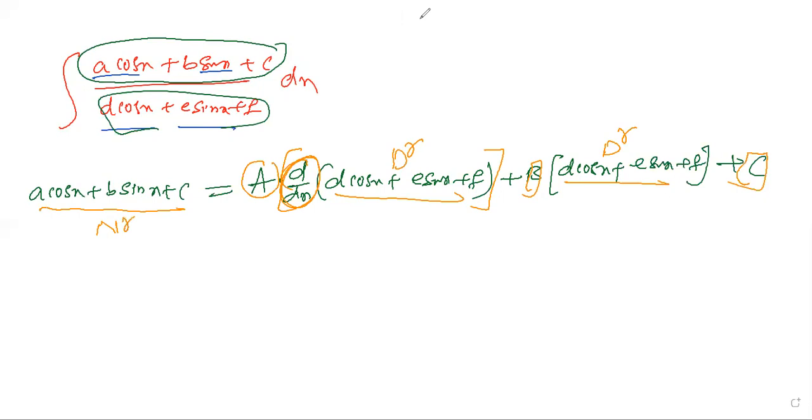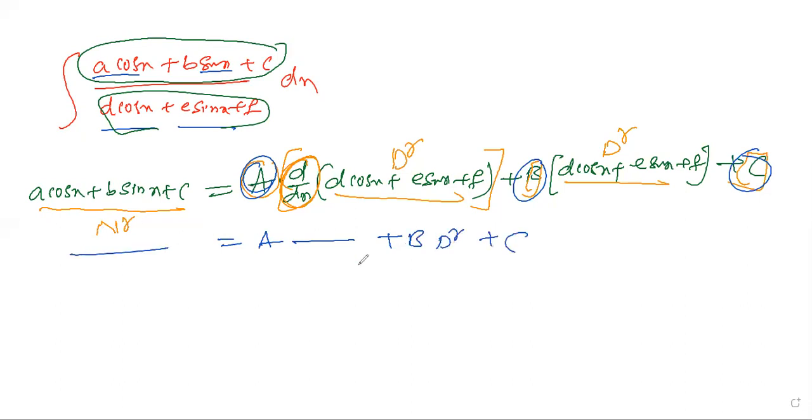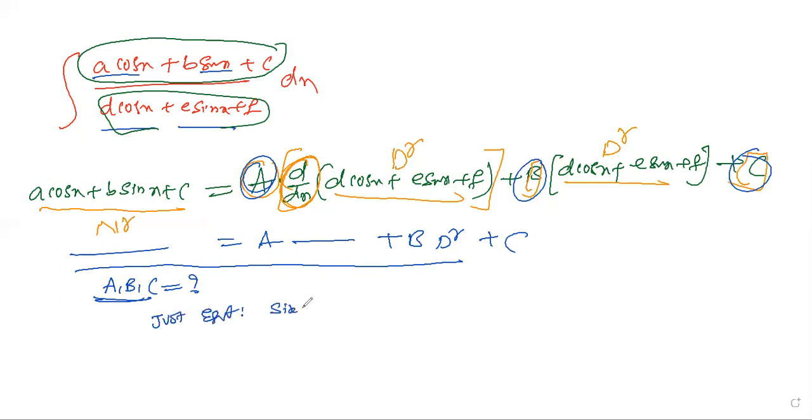So from this you have to be clear. We have three constants a, b, c. What do you have to do? Next step, you differentiate the denominator and multiply by a, plus b into your denominator, plus c. Then LHS is equal to RHS. After this, your aim is to find the values of the constants a, b, c. How do you need to find them? Just equate the sin x coefficients, cos x coefficients and constants on both sides.